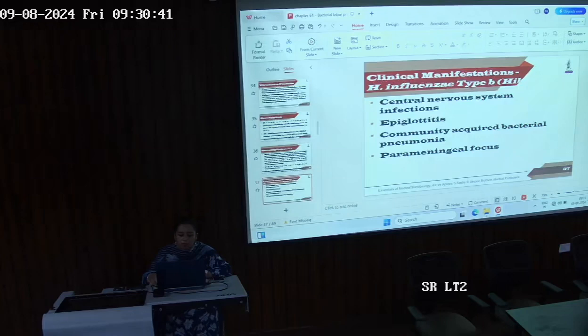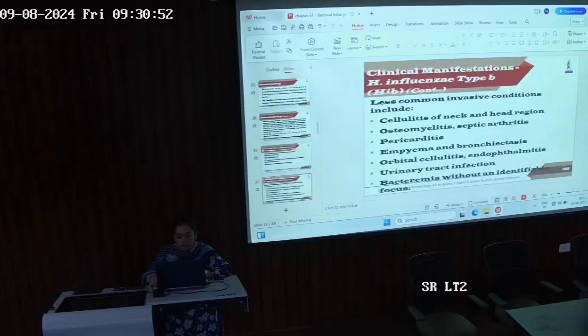Clinical manifestations of Hib are central nervous system infections, epiglottitis, community acquired bacterial pneumonia, parameningeal focus. Less common invasive conditions include cellulitis of the neck and head region, osteomyelitis, pericarditis, empyema, bronchiectasis, orbital cellulitis, endophthalmitis, urinary tract infection, bacteremia without an identifiable focus.